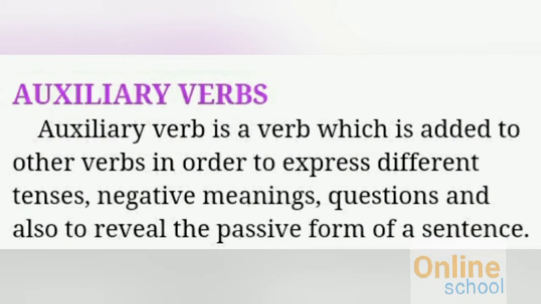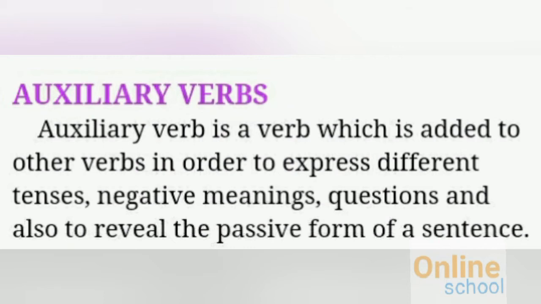Now let's discuss auxiliary verbs. An auxiliary verb is a verb which is added to other verbs in order to express different tenses, negative meanings, questions, and also to reveal the passive form of a sentence.